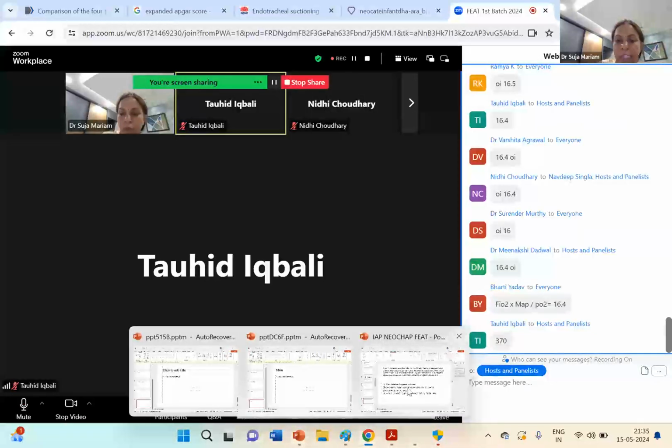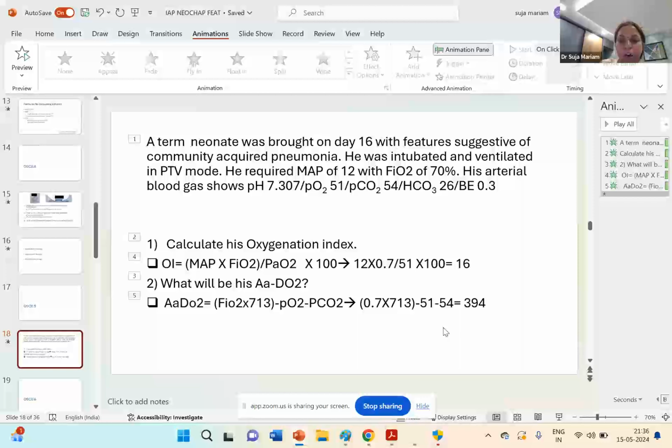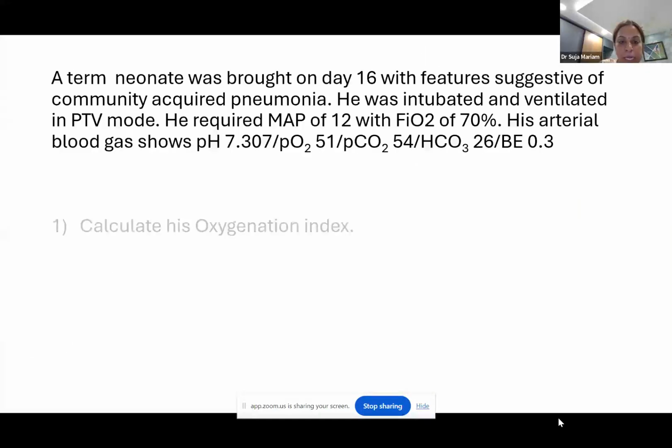Okay, somebody has given an answer for AADO2 as 370. When I calculated, it came to 394. There might be mathematical errors.